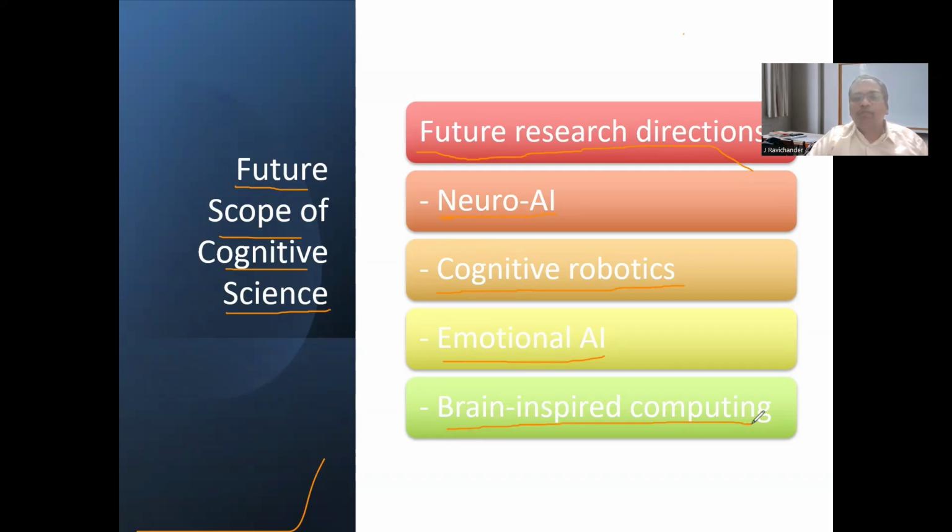These play a very important role. In the future directions, we can integrate neurological research with AI as well as cognitive robotics. Next, another research area is emotional AI. Another one is brain-inspired computing.